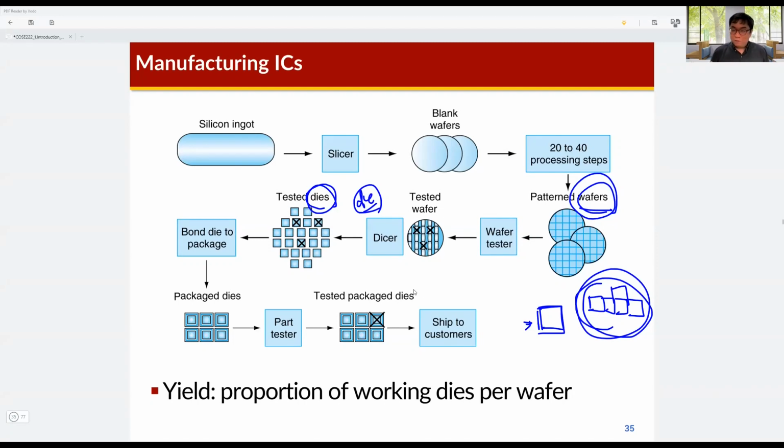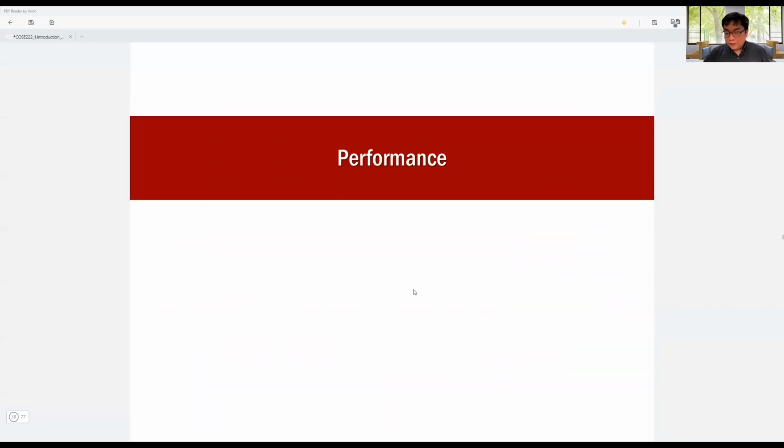We already know that the semiconductor industry is very important, and the semiconductor technology leads the technology under our computer systems or processor chips. Any questions about the previous class?